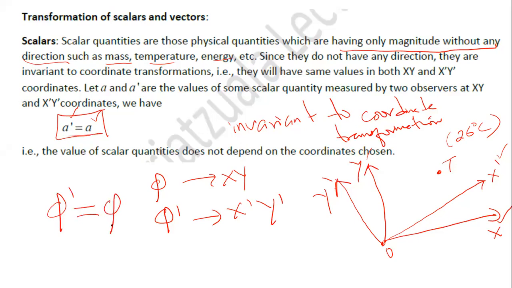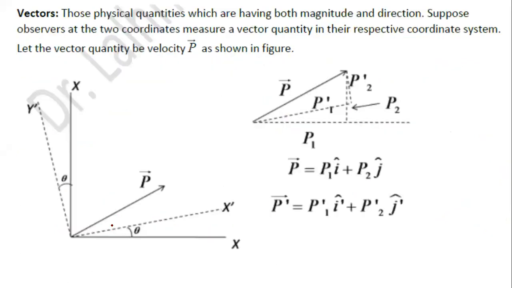That is, phi prime is equal to phi. All right. So you should remember that scalars are invariant to coordinate transformation. Now let us look at another physical quantity called vectors.